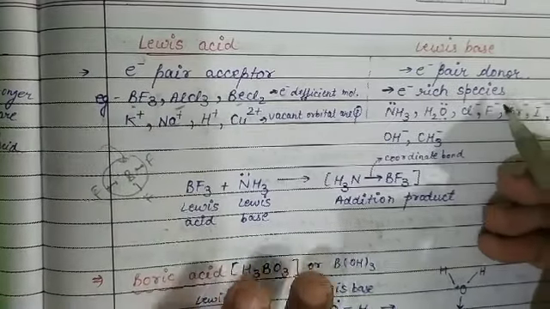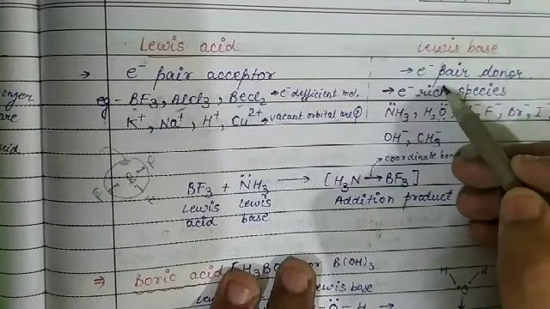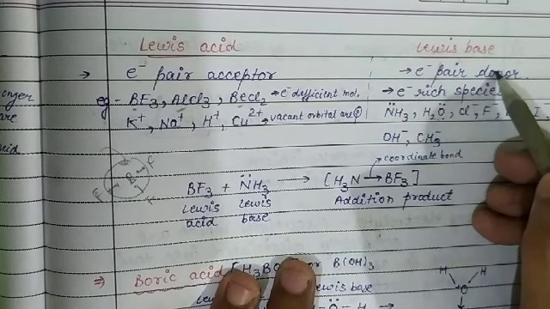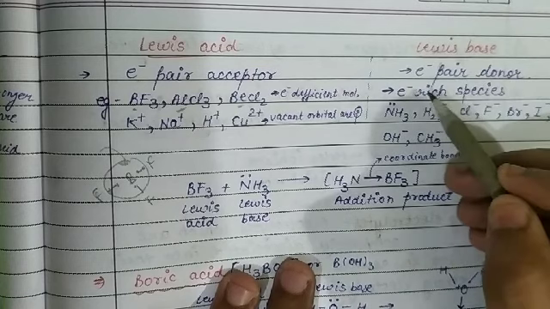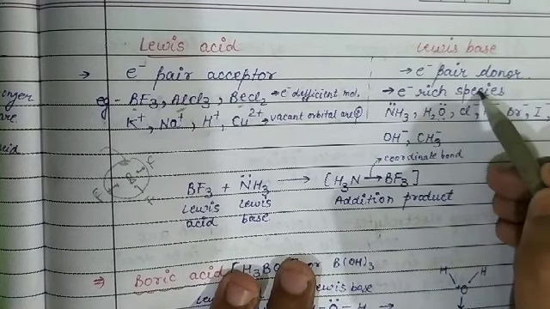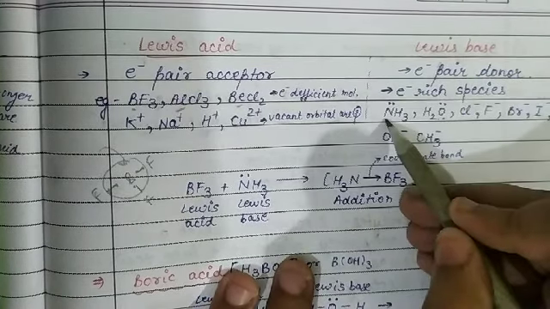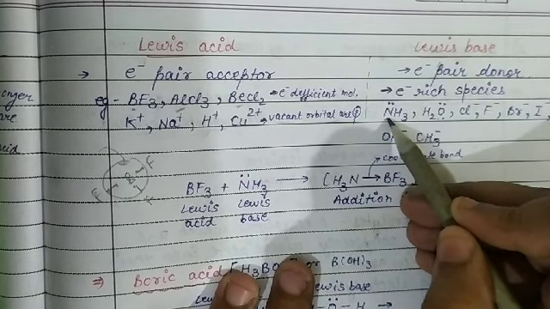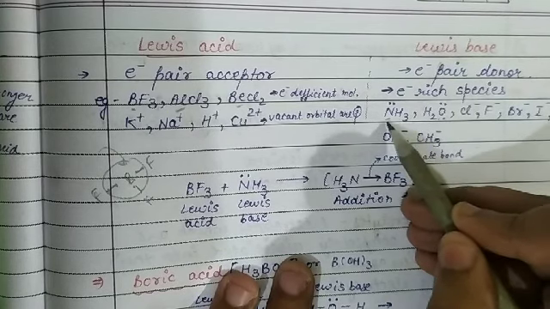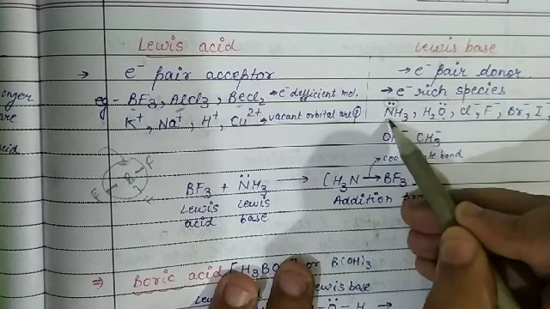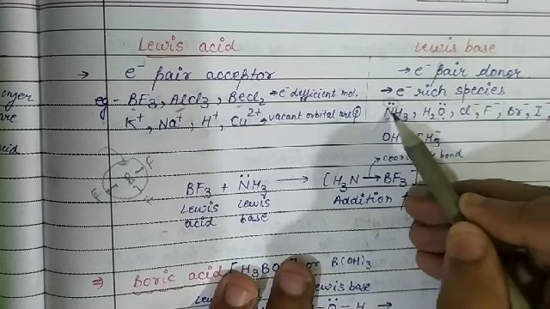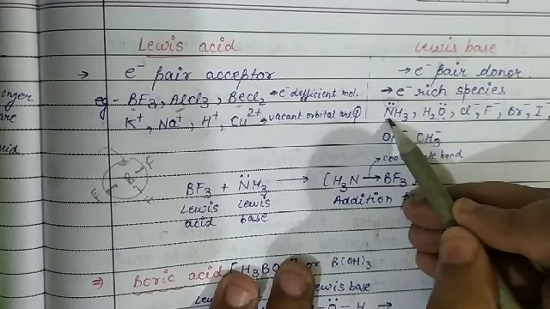Now, what is a Lewis base? Lewis bases are basically electron pair donor species. It means they are electron rich species. For example, in ammonia, nitrogen has formed 3 bonds with hydrogen, but has 1 extra electron pair. So this electron pair can be donated by the ammonia molecule. Hence, it can act as a Lewis base.